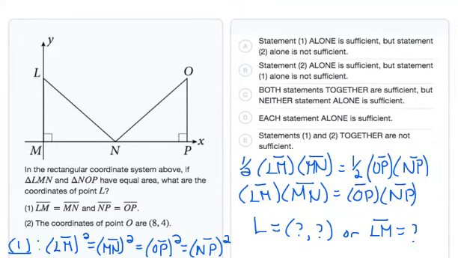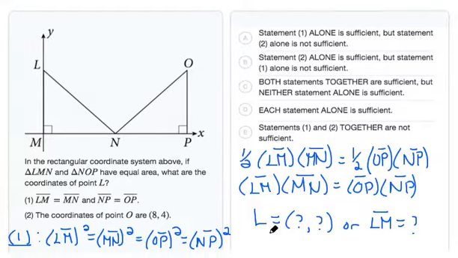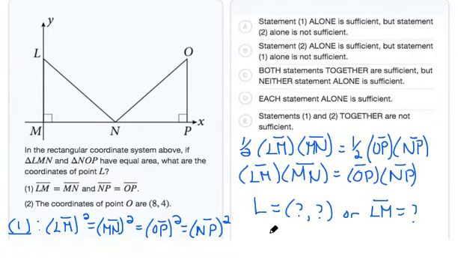Since we don't know the lengths of OP or NP, or anything about any of the coordinates, we cannot determine the coordinates of point L. So this statement alone is not sufficient. We don't have enough information to determine either the coordinates of L or LM. We can eliminate answer choices A and D, since statement 1 is not sufficient alone.